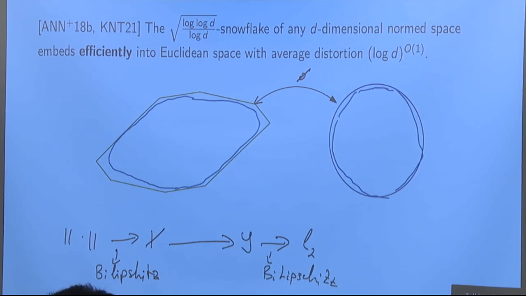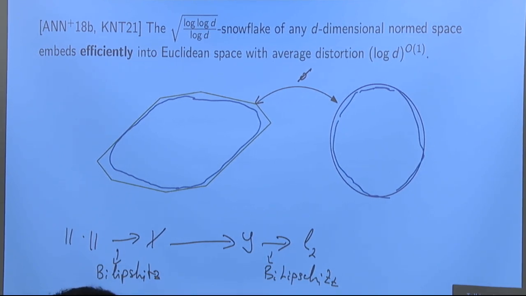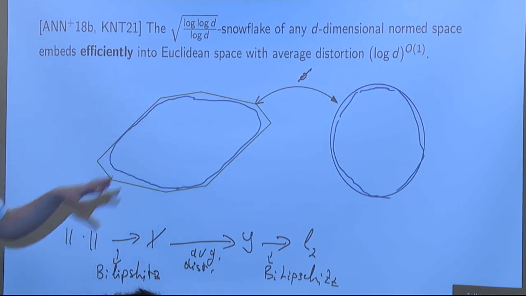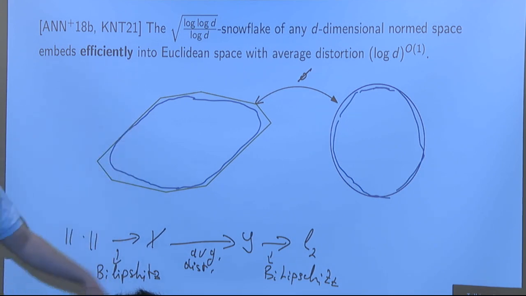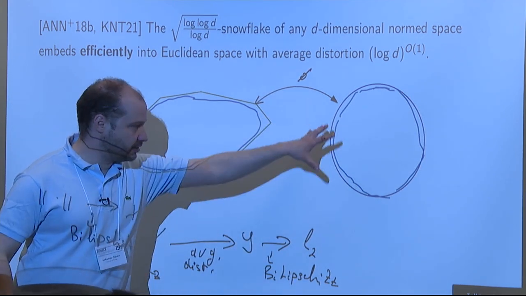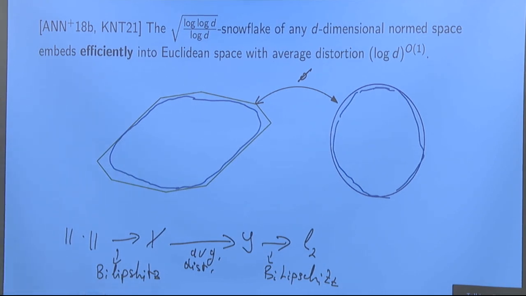And this mapping in between is like an average distortion mapping, and is based on this continuous function between spheres phi. Good. So roughly speaking, this is just the mapping to this perturbation. So it's bi-Lipschitz because this perturbation is still pretty close to the original space. And this is the mapping from this perturbation of L2 back into L2, which again is bi-Lipschitz because you just perturbed L2 slightly.